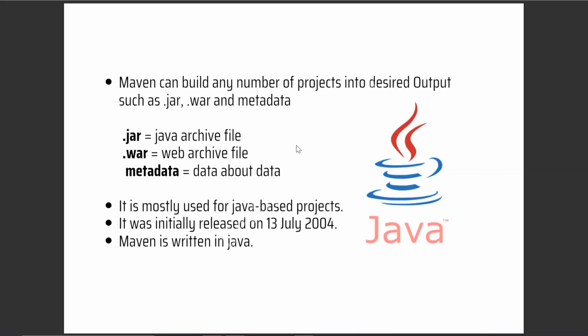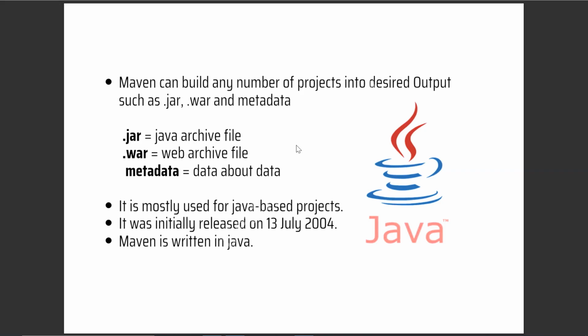And where am I going to use this .jar file and where am I going to use this .war file? Suppose if you think about front end, I am going to deploy .jar file. And if you think about both front end and back end, I am going to deploy .war file.